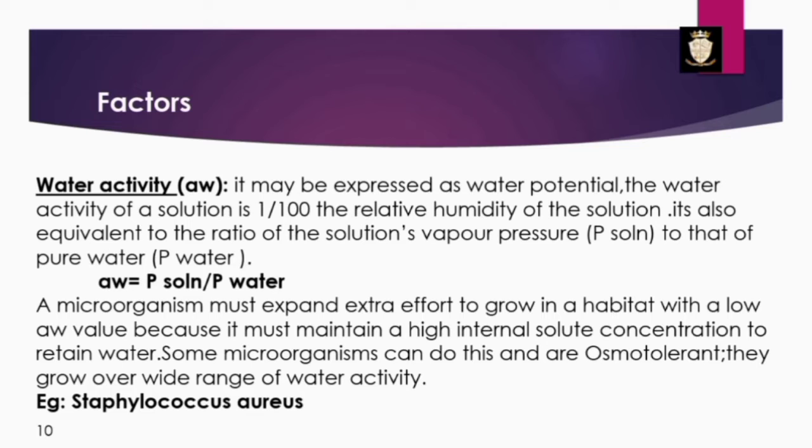A microorganism must expend extra effort to grow in a habitat with a low water activity value because it must maintain a high internal solute concentration to retain water. Some microorganisms can do this and are osmotolerant, that is, they grow over a wide range of water activity. Example, Staphylococcus aureus. So water activity is a factor which influences microbial growth.